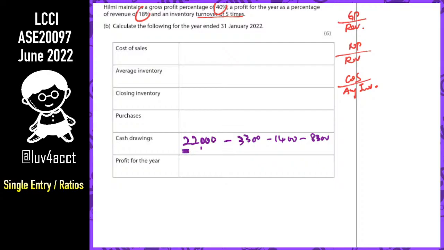Then we have 9,000 as cash drawings. Good. First item, only 1 mark.